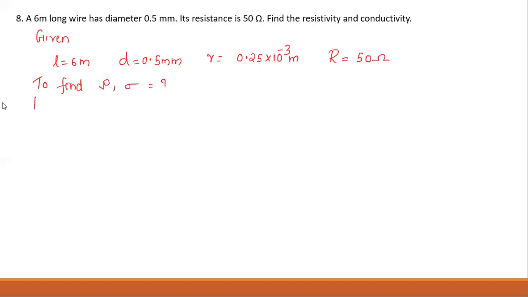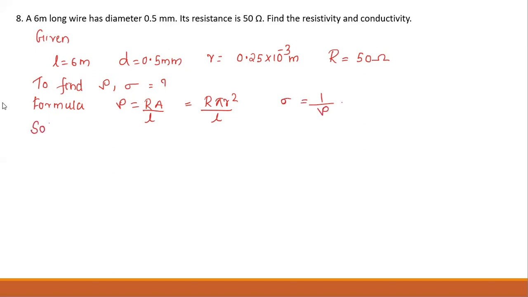We know that the formula for resistivity is rho is equal to R A upon L. Here radius is given, so we can find out the area, or we can write pi r square instead of A upon L. And sigma, that is conductivity, is the reciprocal of resistivity.